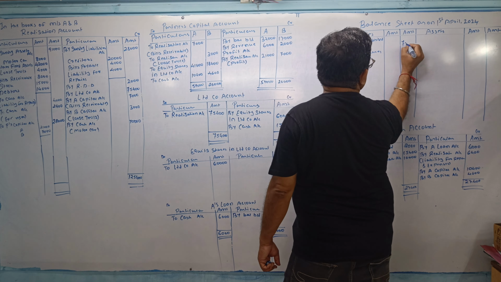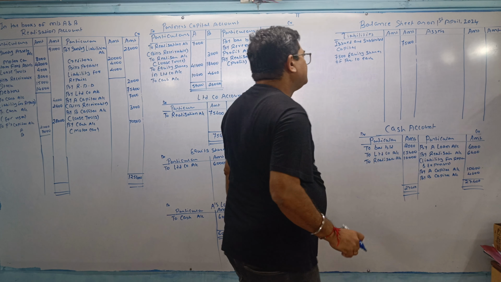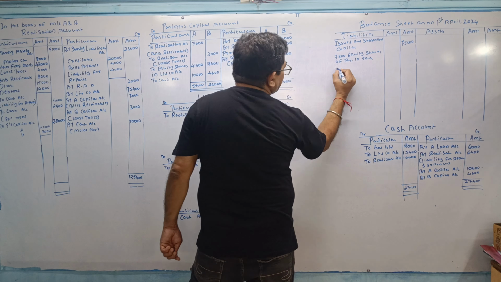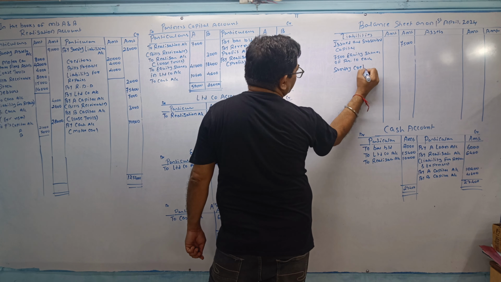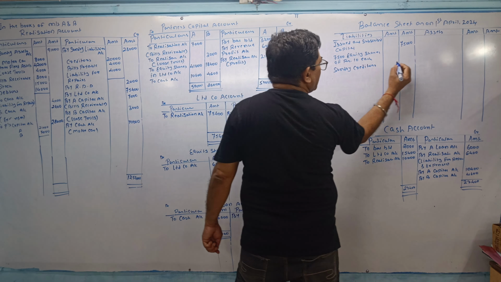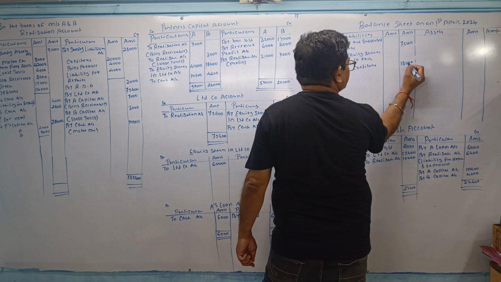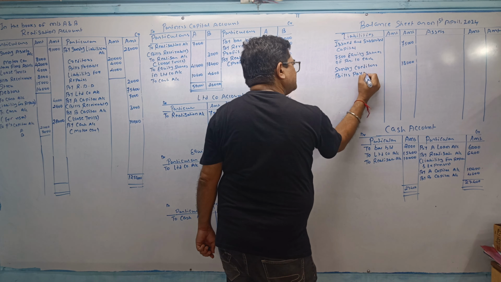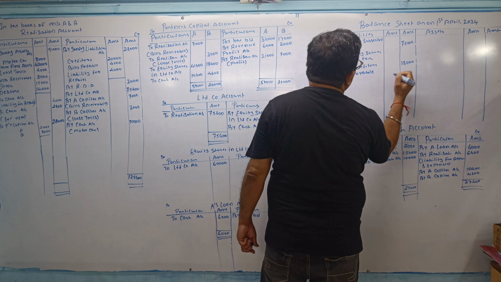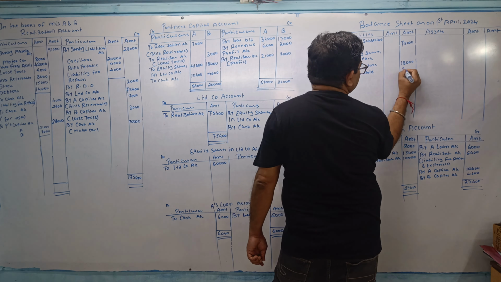So 75,000. Sundry creditors, 18,000. Bills payable, 3,600.